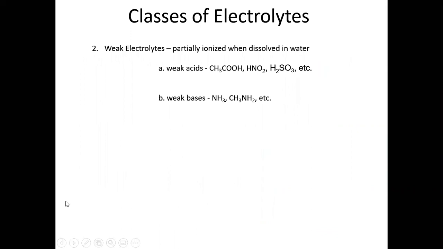The second class, and this was the class of compounds that gave the weakly lighted bulb. For strong acids, sulfuric acid generally only dissociates once.